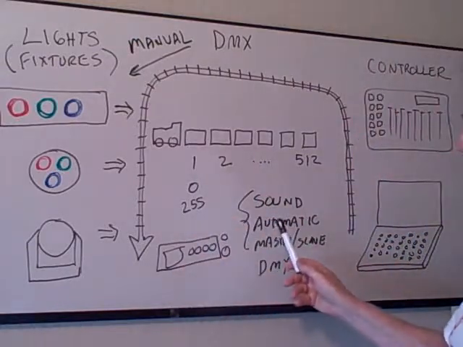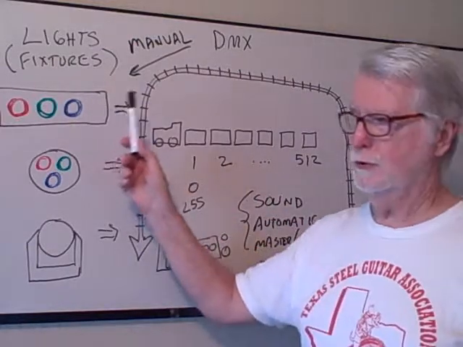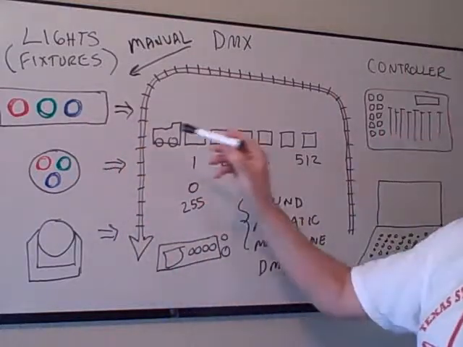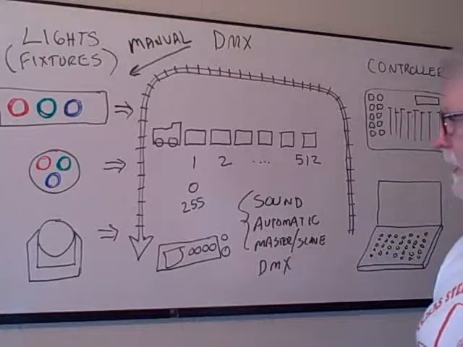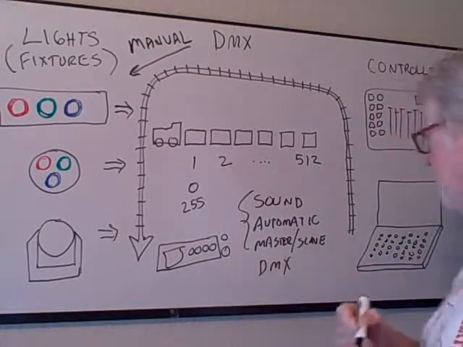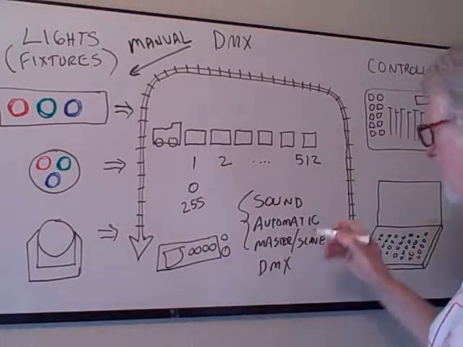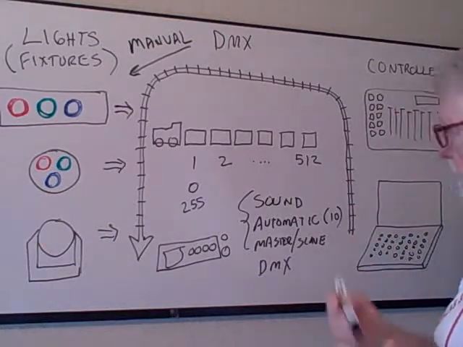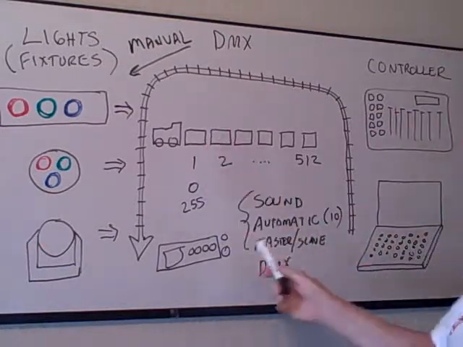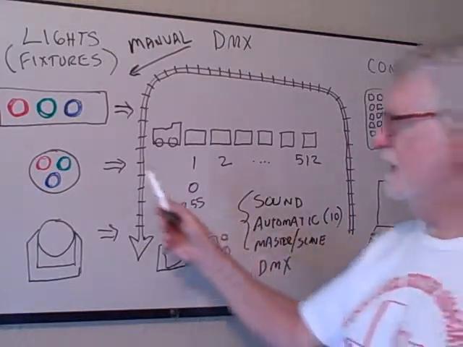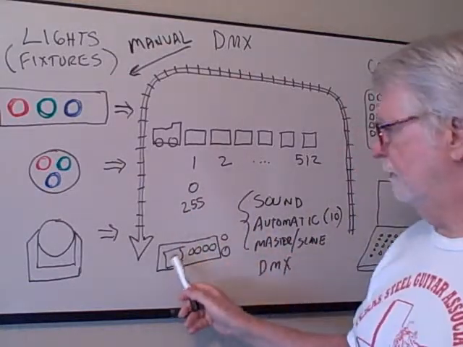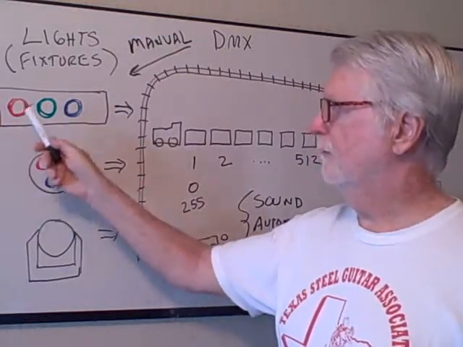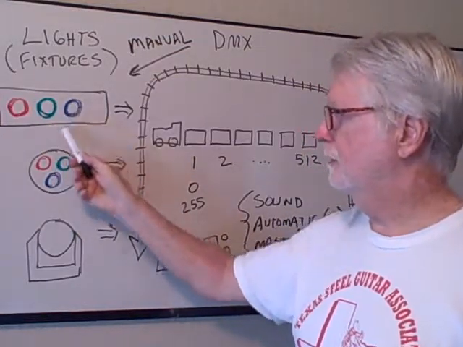The next mode is automatic mode. When the manufacturer creates the fixture, they put in a little computer chip and a tiny bit of memory, and on this chip they put some programs. There may be, let's say, 10 of them. That's determined by the manufacturer. Automatic mode 1 may say: turn on the red, turn off the red, turn on the green, turn off the green, turn on the blue, and just kind of flash.